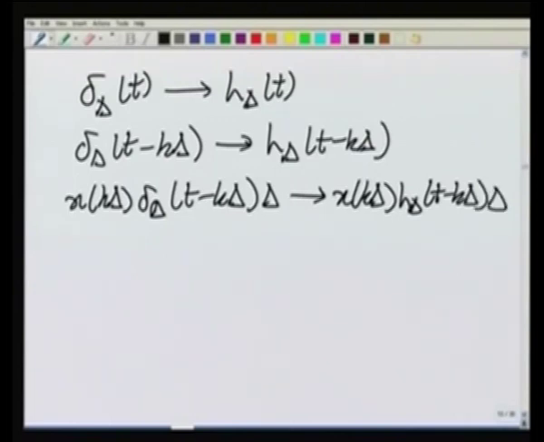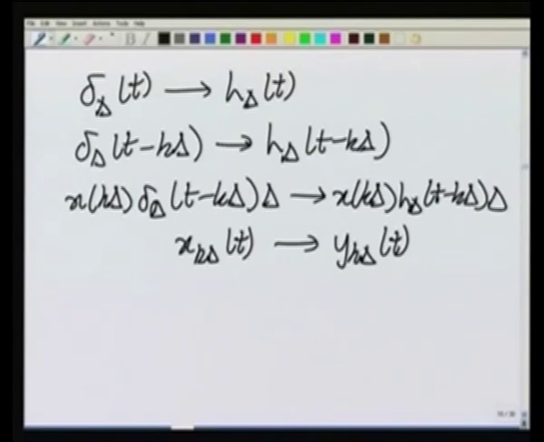In short, we could invent a new intermediate function, which we could call the right side as say y_kΔ(t), as resulting from the left side, which we know to be equal to x_kΔ(t). So, you apply x_kΔ(t), you get y_kΔ(t).